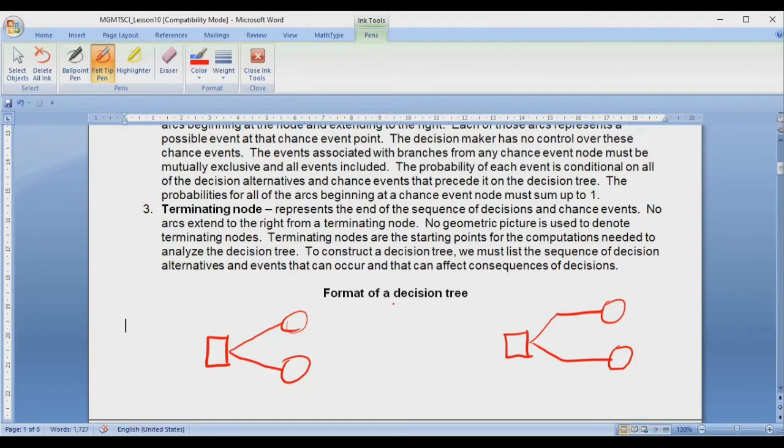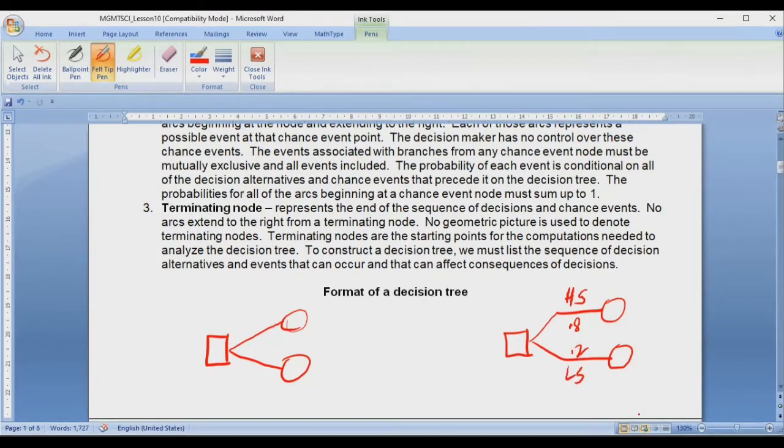The total is 1. So let's say, for example, the chance of high sales or high demand is 80%. Okay? Let's say I will put 80% here, 0.8, and this is high demand or high sales. And the chance of low demand or low sales is 0.20.